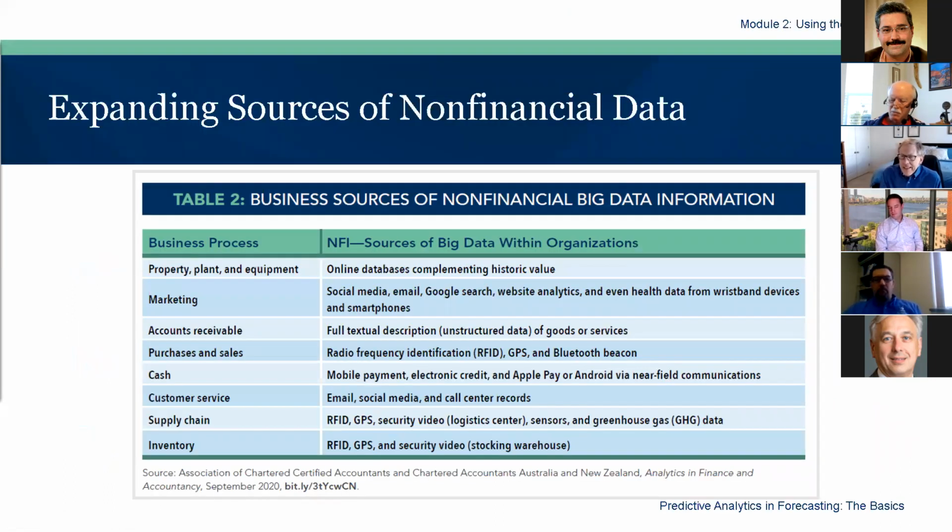Now, we've gotten a little bit into all the different types of sources there are now of data, you know, the Internet of Things, and there's just so much. This was a list put together that gives some examples of things that, most of these, are relatively new historically for analysis.